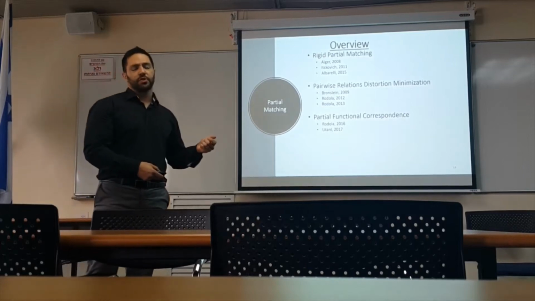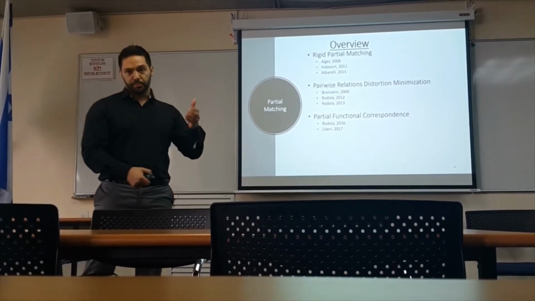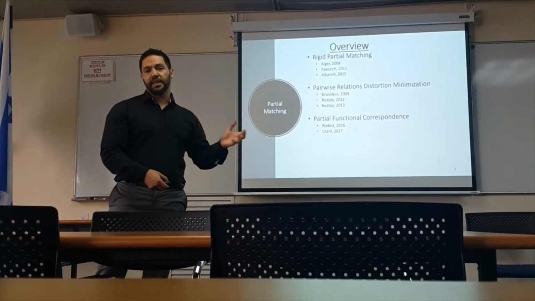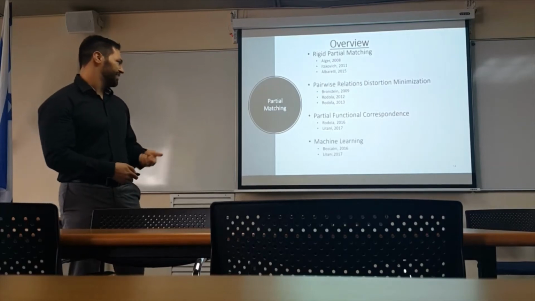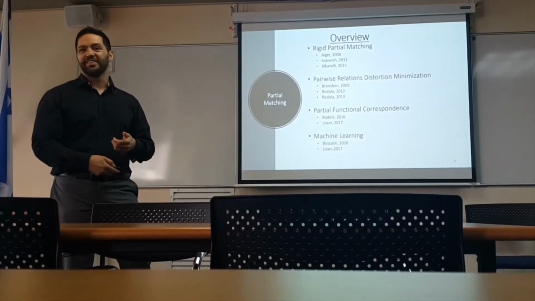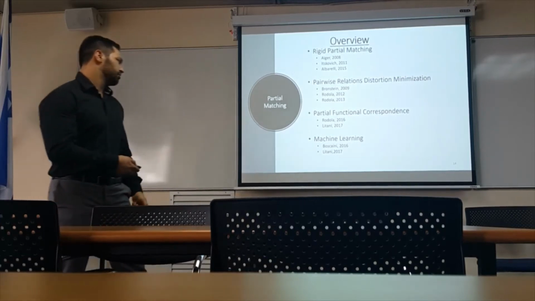Partial functional correspondence is one of the state-of-the-art lines of works. It is embedded into a canonical space, again modified with a prior for partiality, and like anything in the field, machine learning has been the most recent line of works.